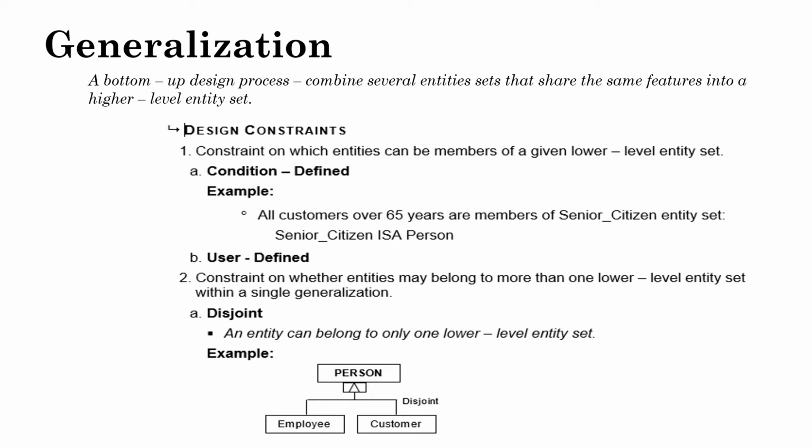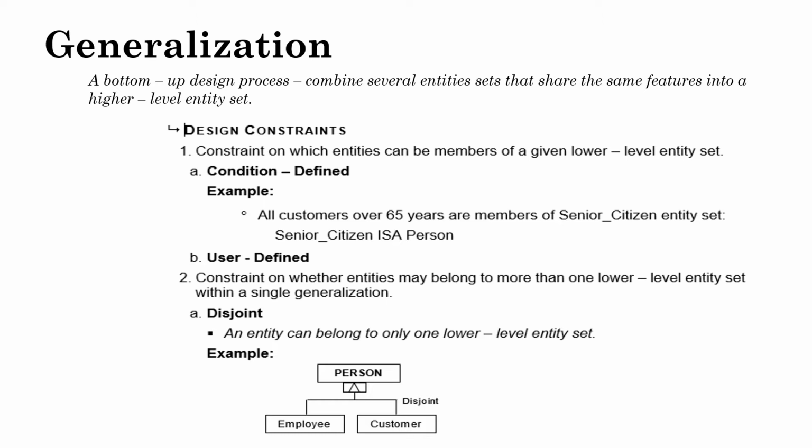Generalization extracts the common features of multiple entities to form a new entity. It works on the principle of a bottom-up approach. In generalization, the lower level functions are combined to form the higher level functions, which are called entities.